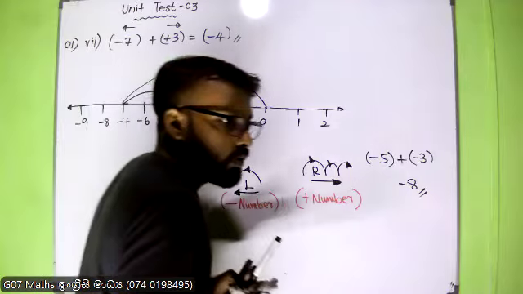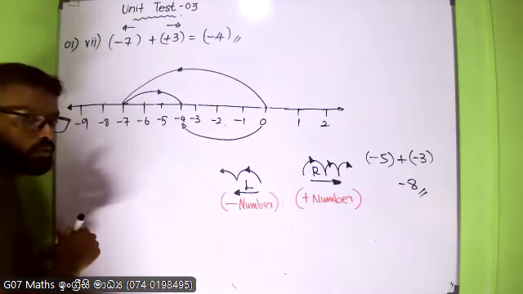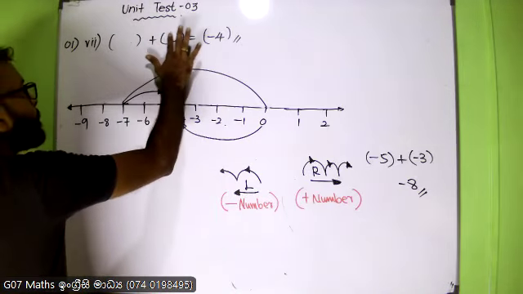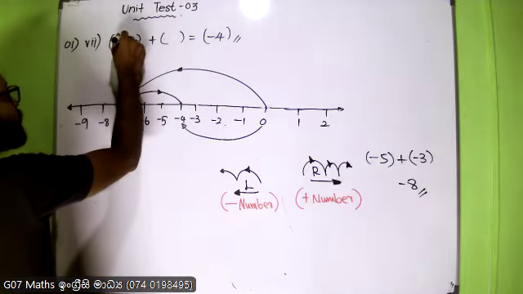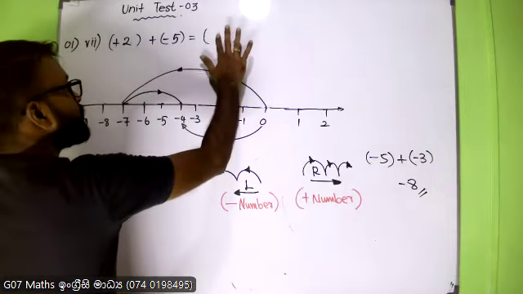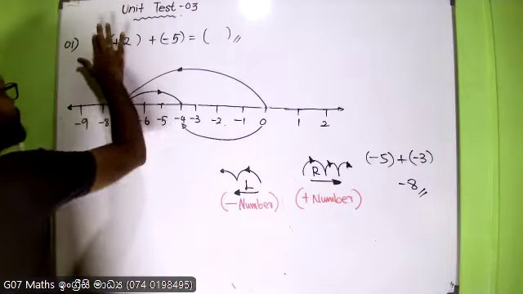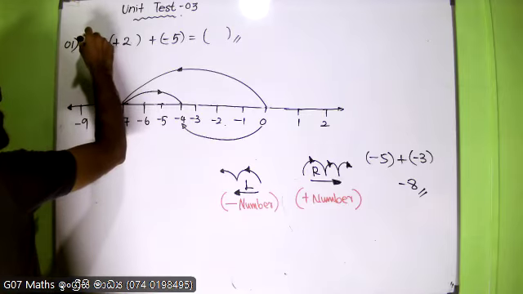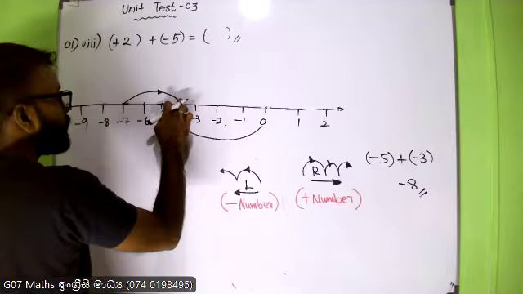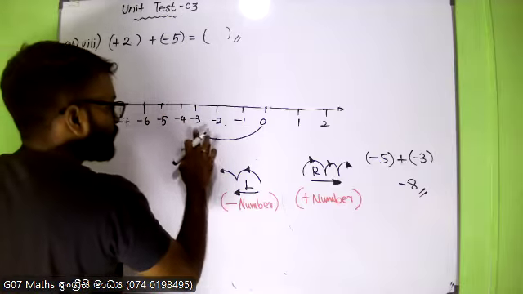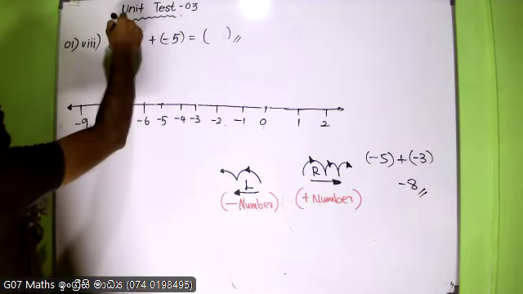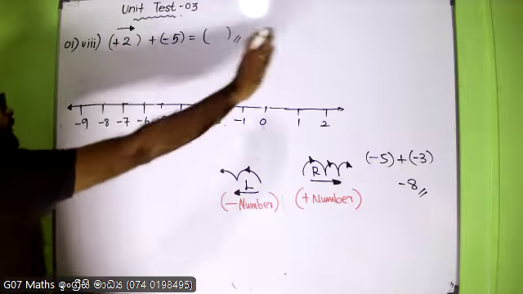So seventh one done, eighth one: positive 2 plus negative 5. Correct? Positive 2 plus negative 5. So let's see. Eighth one. I am going to represent it on the number line. First of all, this is positive, so I have to jump to my right-hand side first.